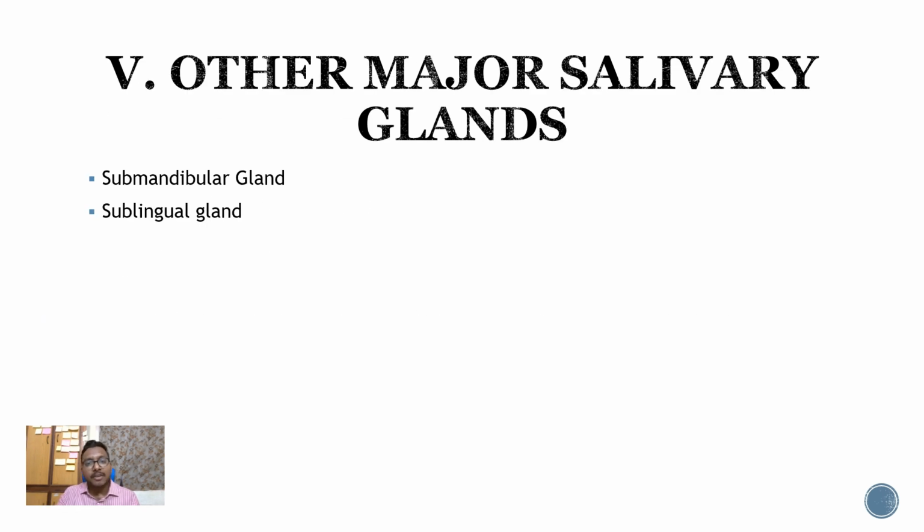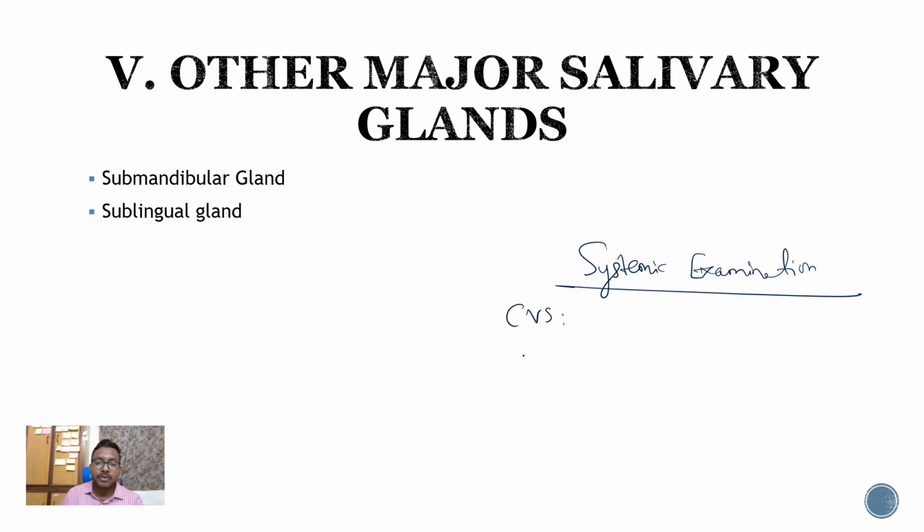Okay. Now after the local examination, I think I have missed one empty slide here. After local examination is over, you should always mention about systemic examination. I told you in the video of introduction to case sheet writing, you need to mention CVS, respiratory system, then per abdomen, then central nervous system.